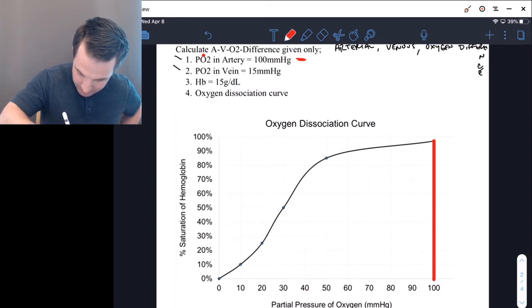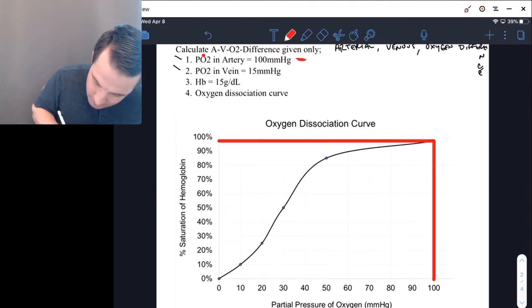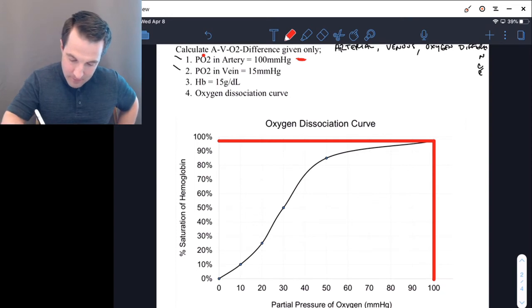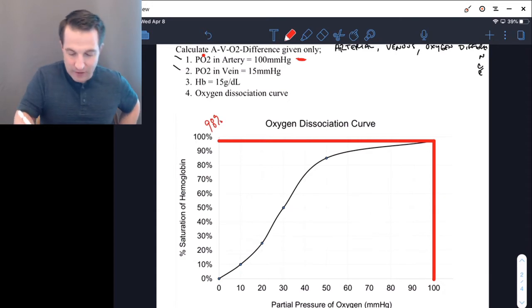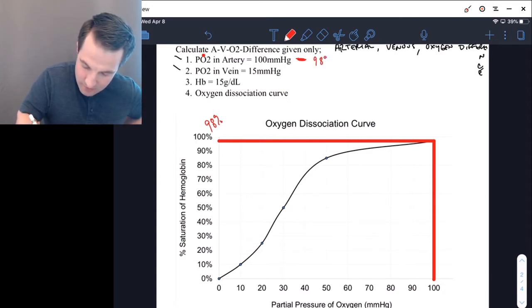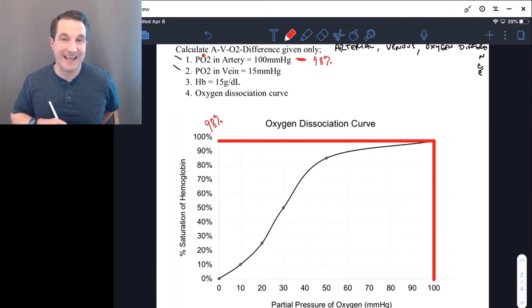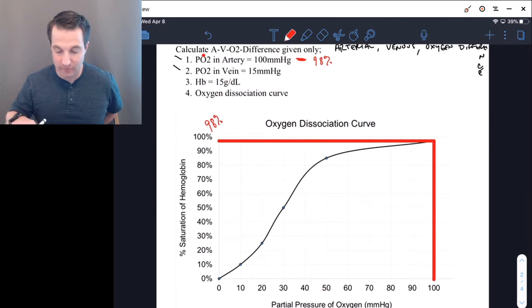Whoops. Try again. Here we go. Okay. So we know that we have about 98% saturation. So 98% of our hemoglobin is saturated at 100 millimeters of mercury of pressure of oxygen.